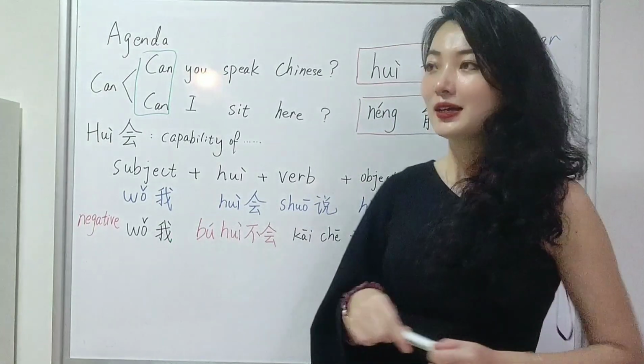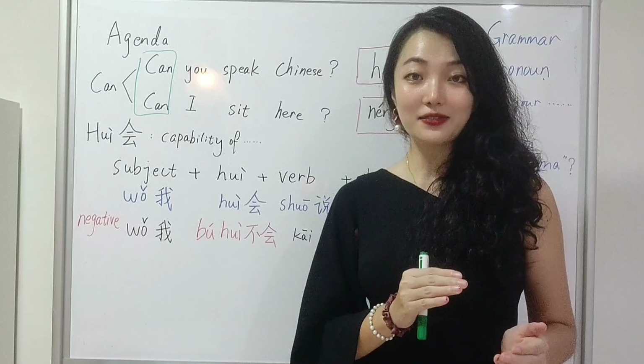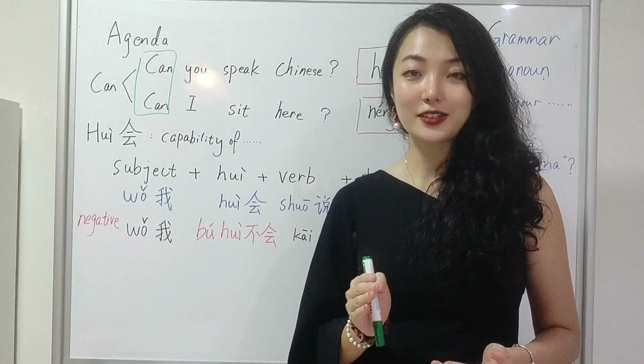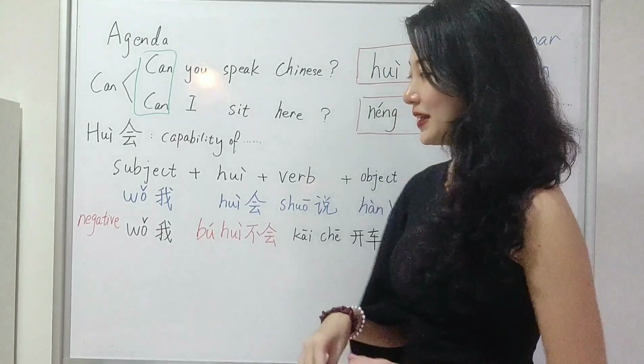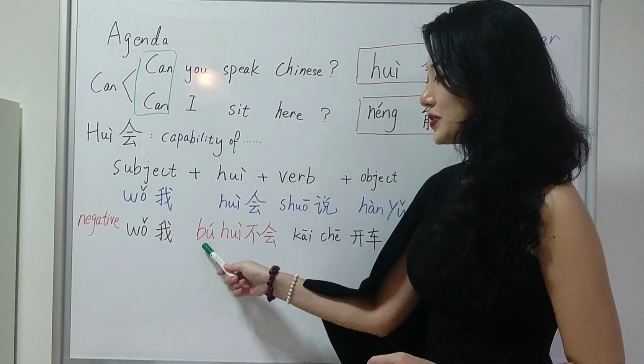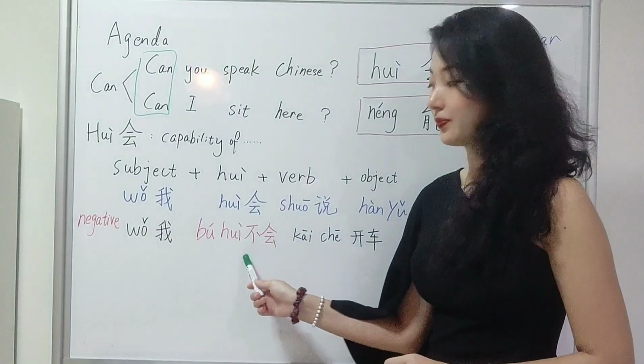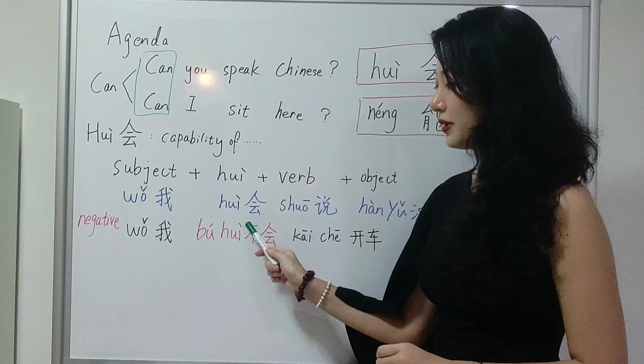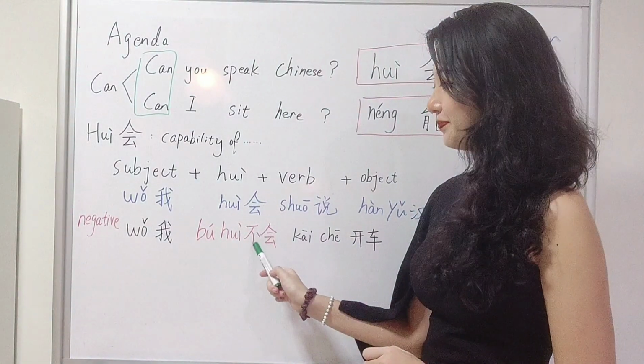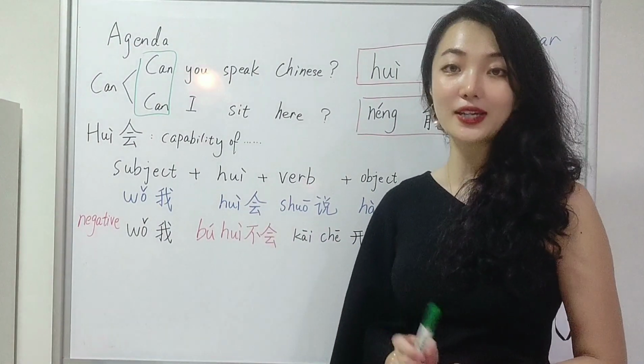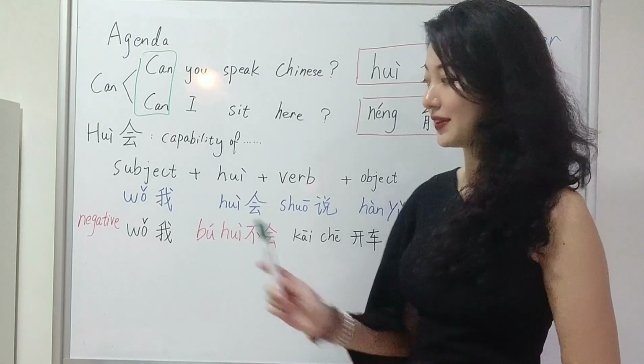The second example is about negative, which means cannot or can't do something. Very simple. You just need to add a 不, which is a negative word, in front of 会. 不会 just means cannot do something.